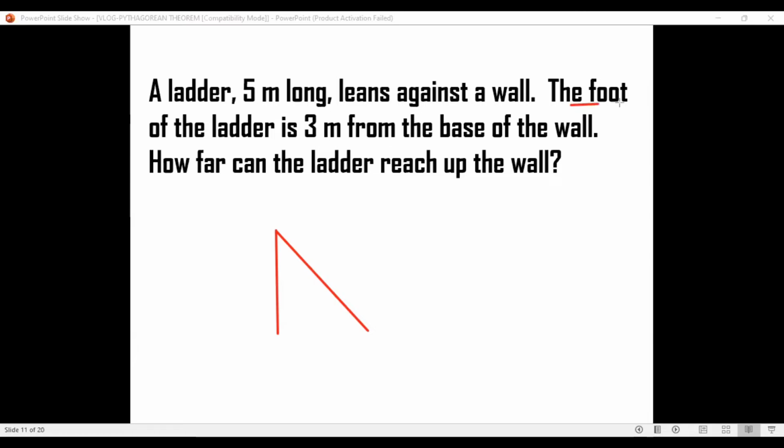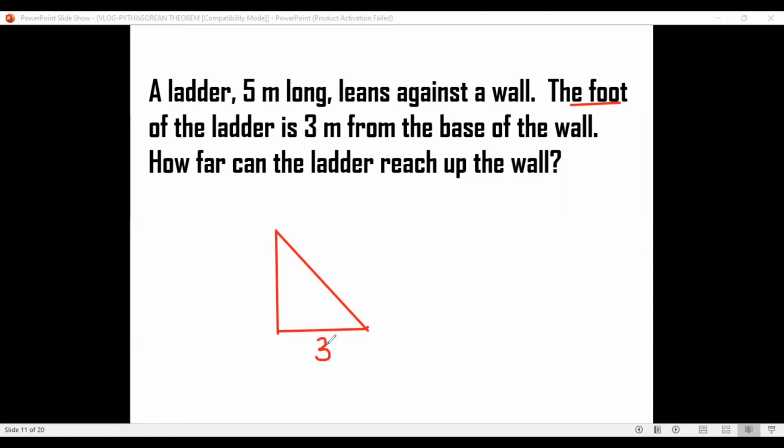The foot of the ladder is 3 meters from the base of the wall. So I will be considering this as the foot of the ladder, this point. Okay? This is now the ladder that we have. And then that is 3 meters. Okay, this is now the 3 meters from the base of the wall. So again, this is now the wall. I will consider now this as the base of the wall. Okay, and the next thing that we will do now is to put those measurements.